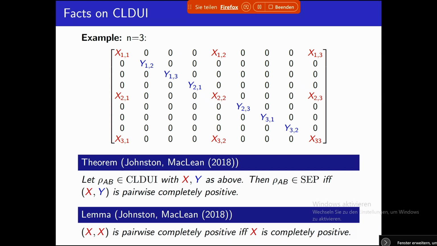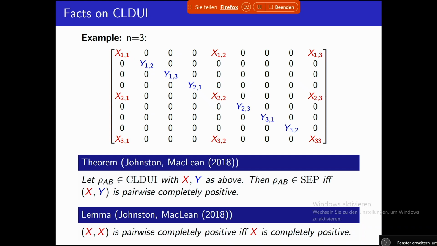I don't plan on defining what pairwise completely positive means, but the interesting thing is that it is a generalization of the completely positive cone, in the sense that a matrix pair is pairwise completely positive if and only if X is completely positive. Sort of the diagonal elements are precisely the completely positive cone.